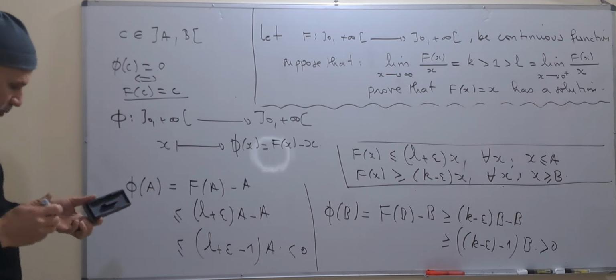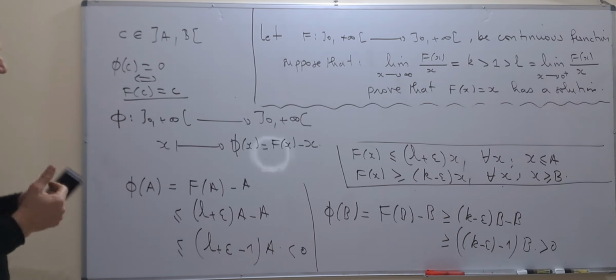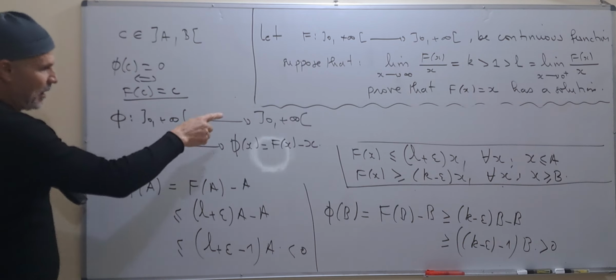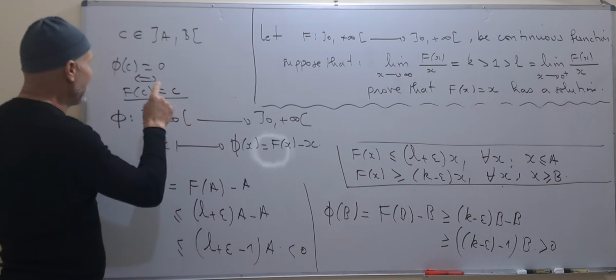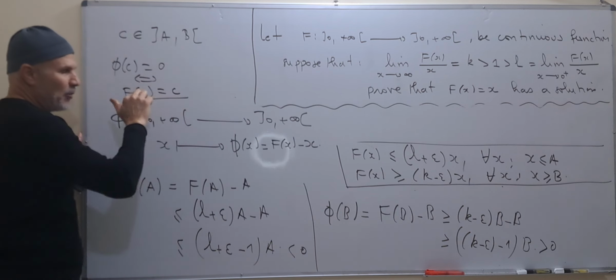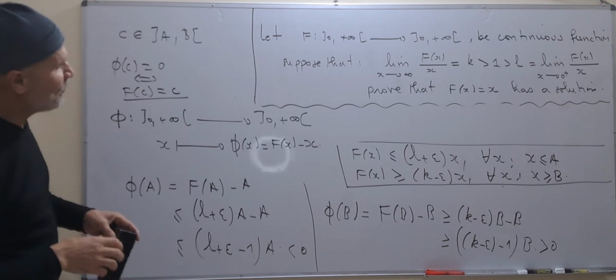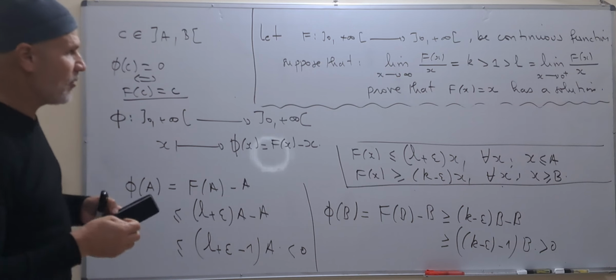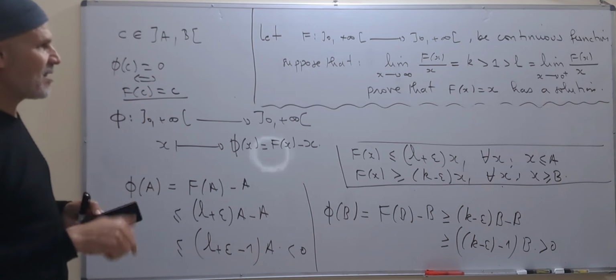This means that this equation has at least one solution between A and B. A and B are both related to the epsilon, which is the minimum between (k minus 1) over 4 and (1 minus L) over 4.